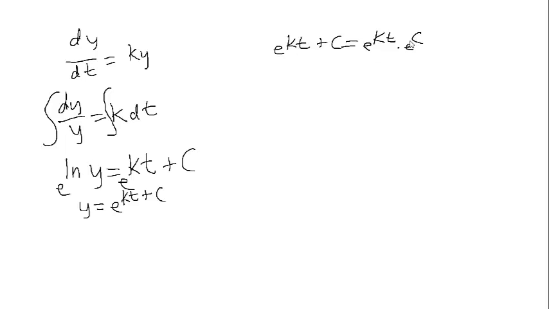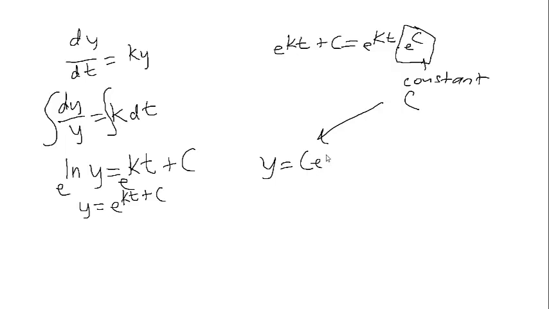But since c is a constant, e is a number as well, this right here is just one big fat constant. So we can make this just simply c. Now we have y equals c times e to the kt.